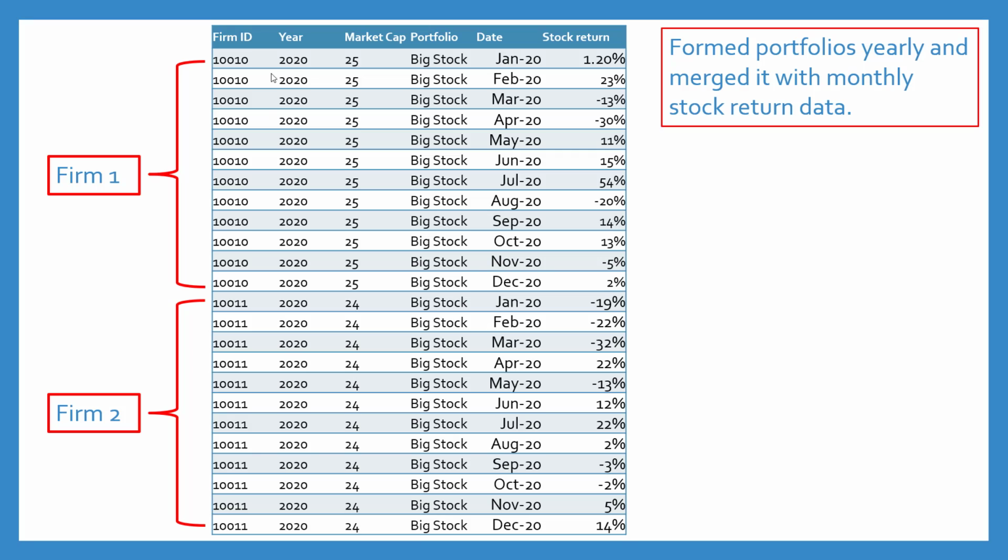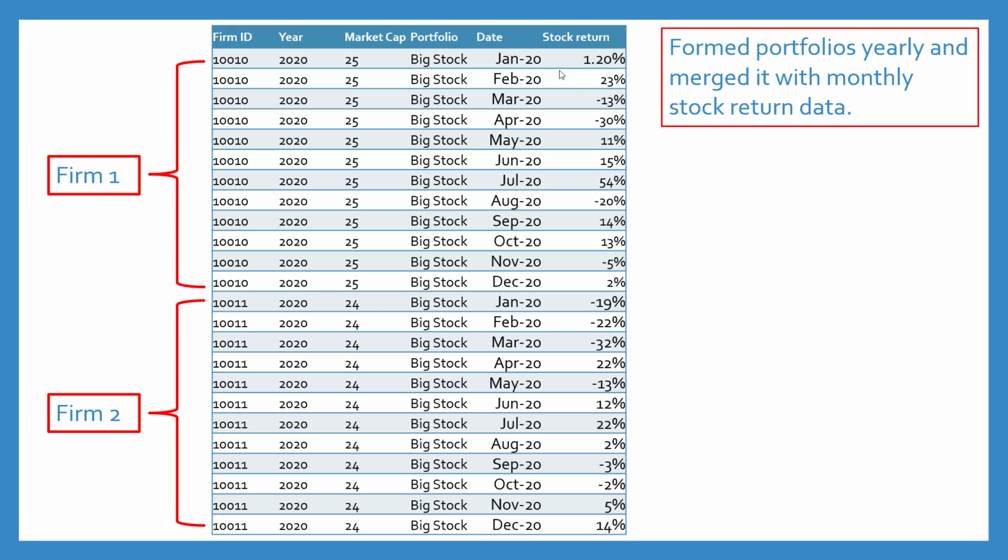If you look at this specific firm, 10010, we have their data for 2020. For each month, we have their stock returns. In each of these months, it still remains a big stock, because we categorized this firm into big stock or small stock in a specific year.